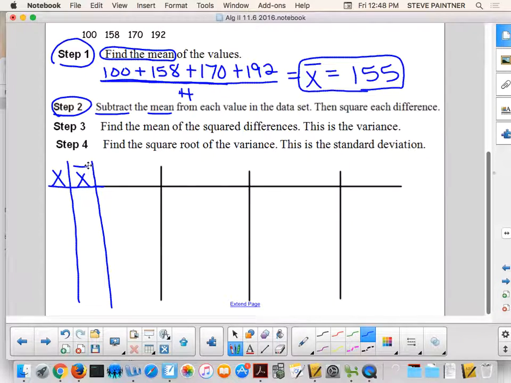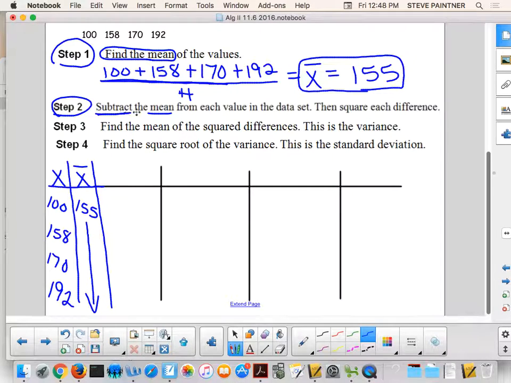So the first column is just your data, and your data is 100, 158, 170, 192. The next column is your average. Well, it's the same all the time, so you just have to write it once: 155. I wouldn't write 155 every time, but if you want to, go ahead. So the first 2 columns are just copy your data. Second column is put your average in, and here comes the third column.